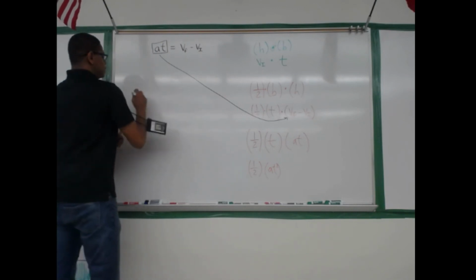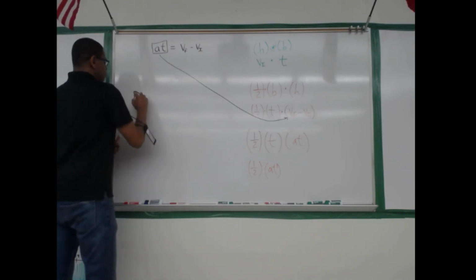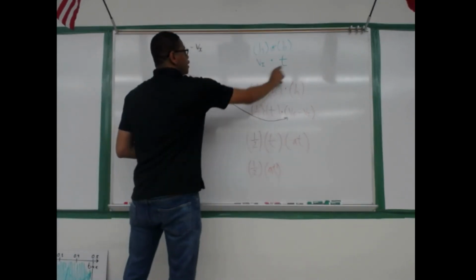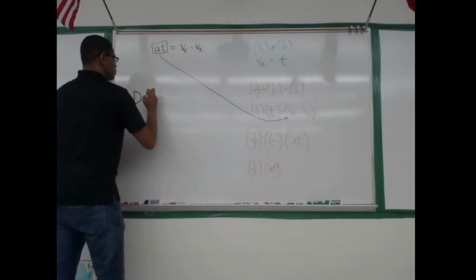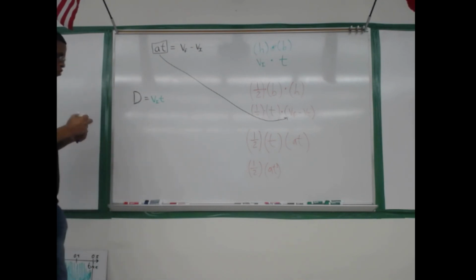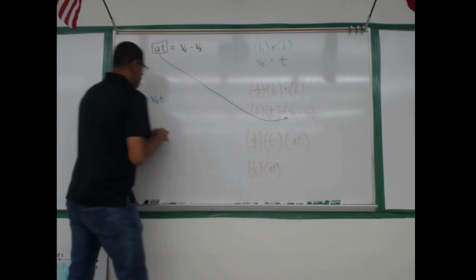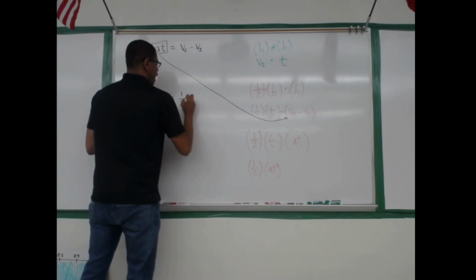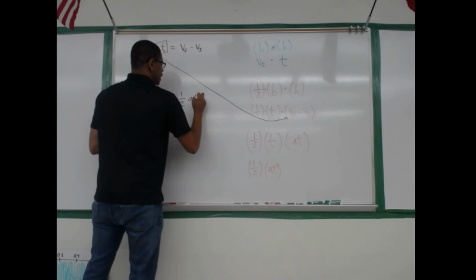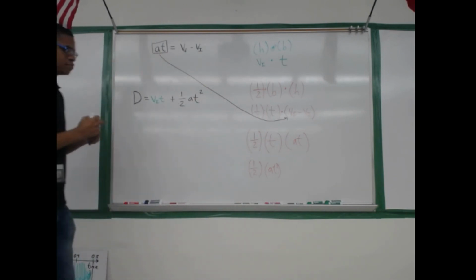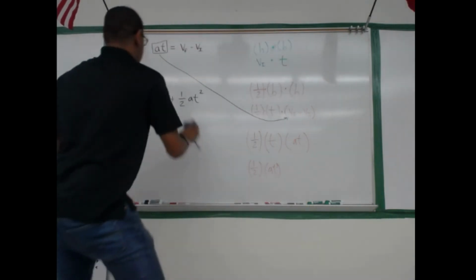The displacement of an object is equal to the area of our rectangle, which is initial velocity multiplied by time, plus the area of our triangle, which is 1/2 times acceleration times time squared. You know what? Let me do this in red here.